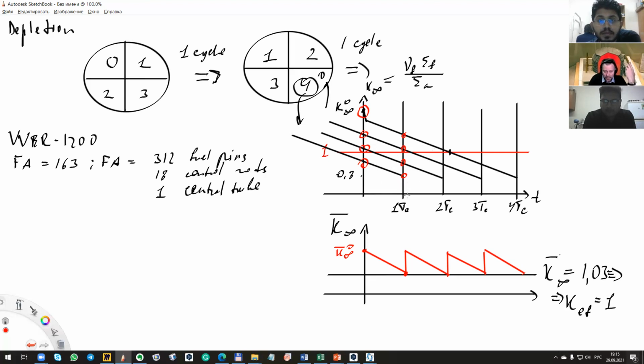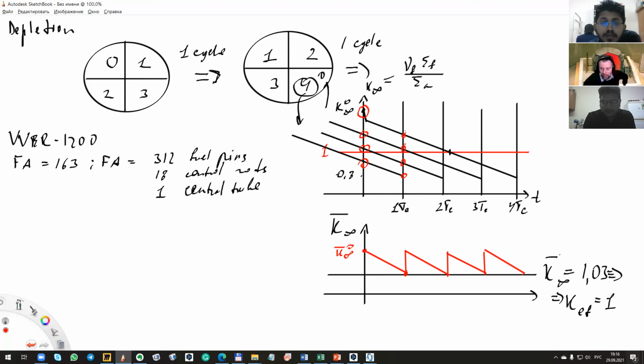The duration of the cycle depends on when this point equals 1.03. If it's less, that means you should decrease the length. If it's more than 1.03, you should increase the duration of the fuel length. Did you catch it here? Yes, I understand.